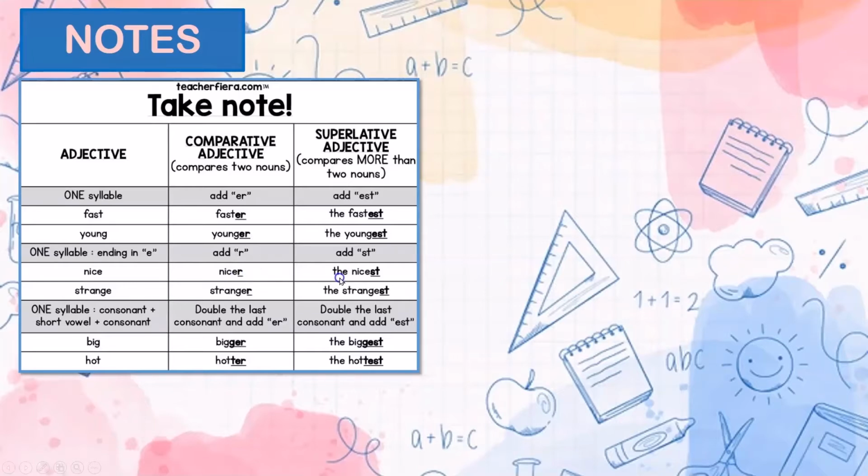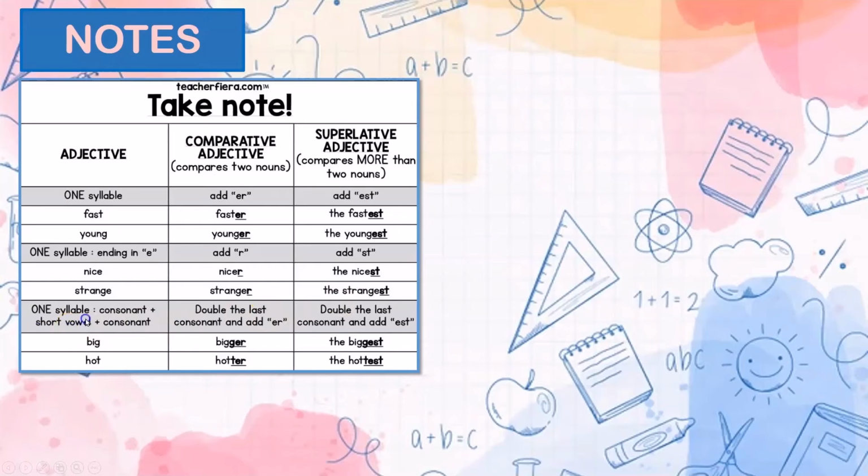And for the superlative adjective, it will become the nicest. We just add ST. The word strange, which ends with E, it will become stranger for comparative. And for the superlative, it will be the strangest. Don't forget that for superlative, we must add the before the adjective.